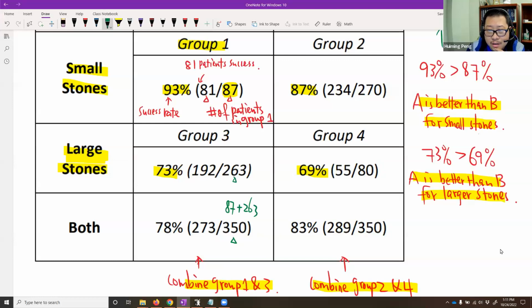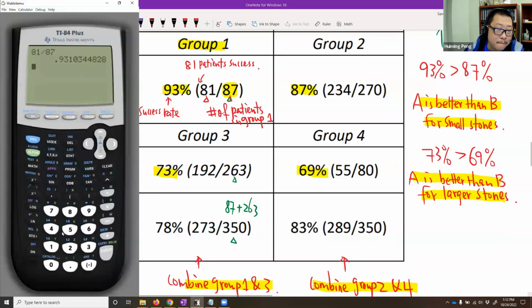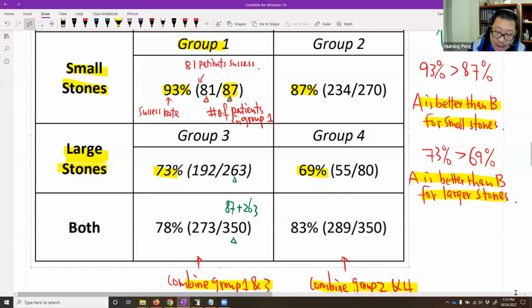Is that true? I put these two numbers together. If you do the calculation, it should be exactly 350. You see 87 patients there, 263 patients here. Add together, 350. That's how we get the number, the total patients treated with A.